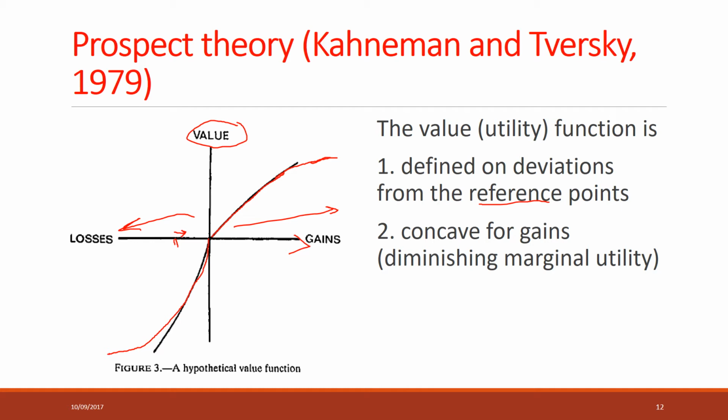So when we are staying on this region over here, we have a concave function, meaning that the utility function is increasing at a diminishing rate, right? So we are risk averse over here. However, when we are expecting to get losses, the utility function is a convex function, meaning that investors are risk-seeking, right?